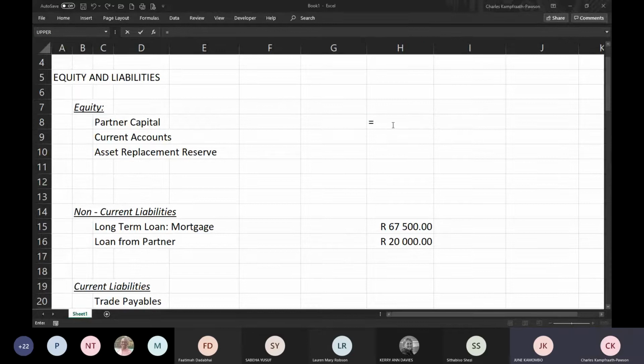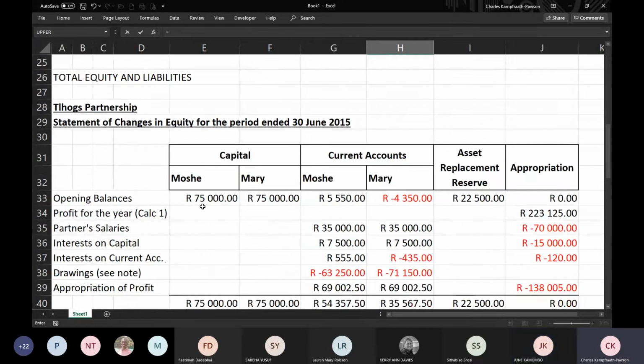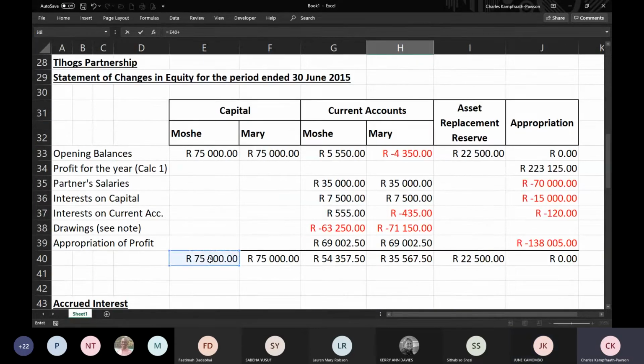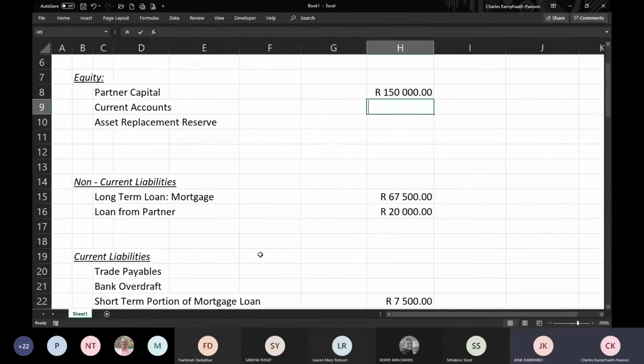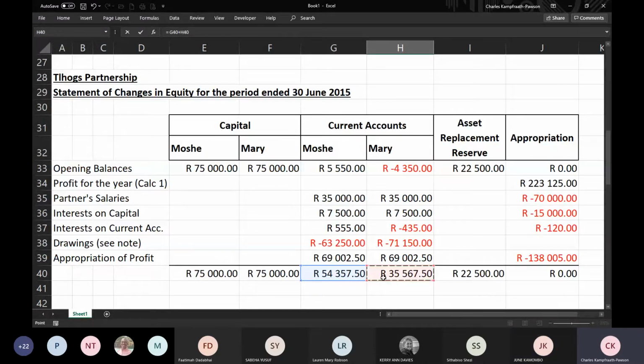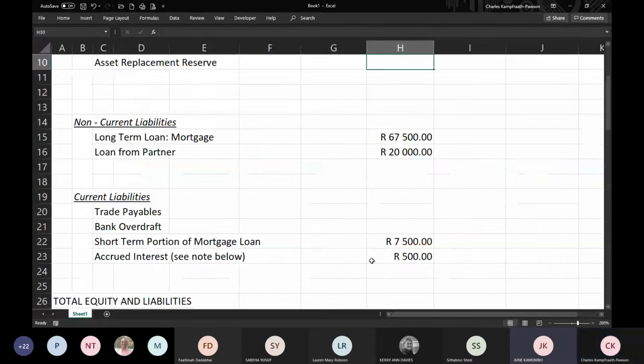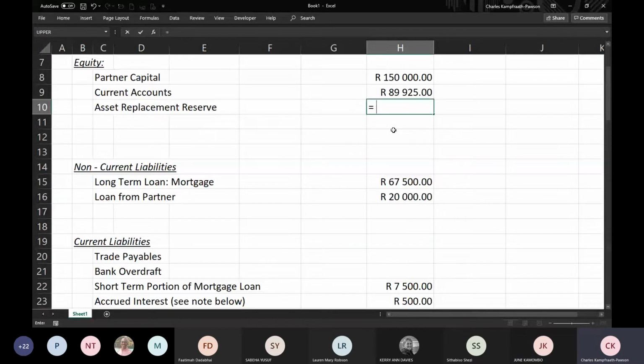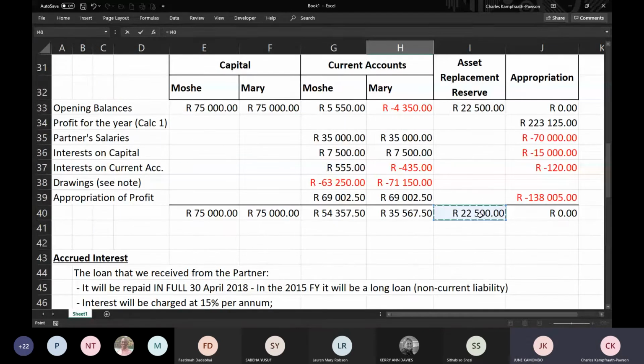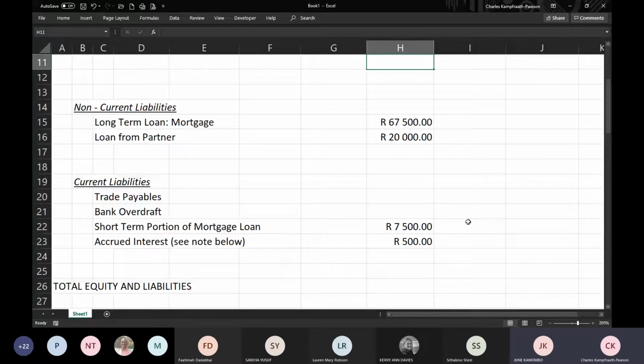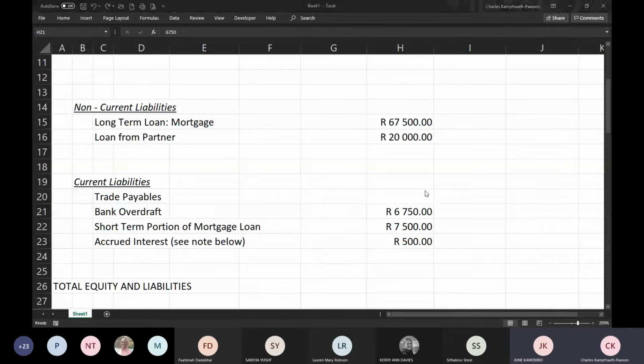So now we can add the totals together. The capital of the partners will be the closing balance of each one of their accounts, the 275s. The current accounts will be the balance of the two current accounts added together. And the asset replacement reserve will be the 22,500. The bank overdraft was 6,750, if I recall correctly.